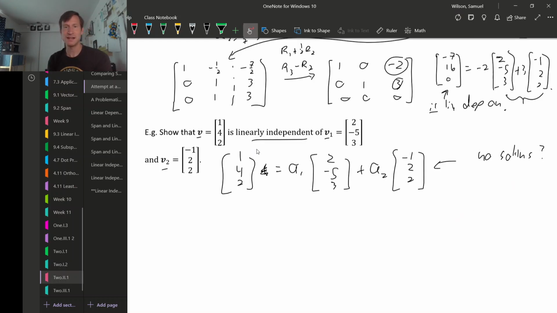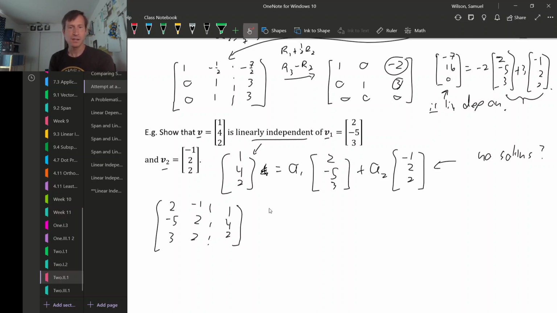That would mean that 1, 4, 2 is not a linear combination of the other two vectors. So we can play the same game, and augment with 1, 4, 2.